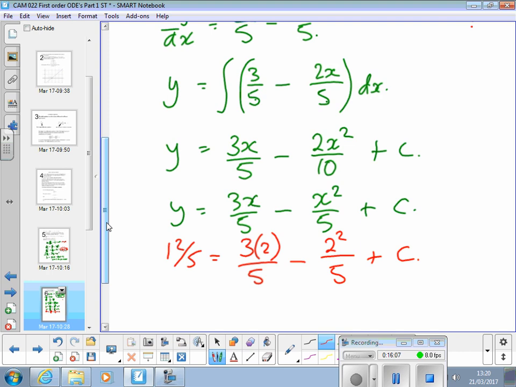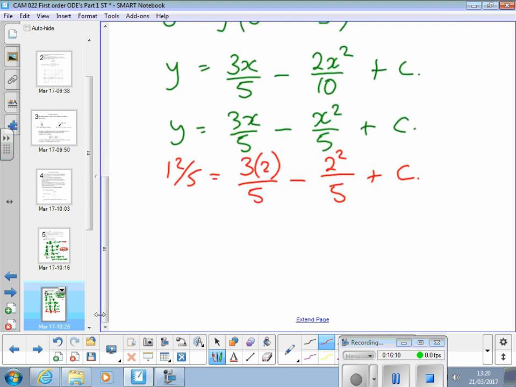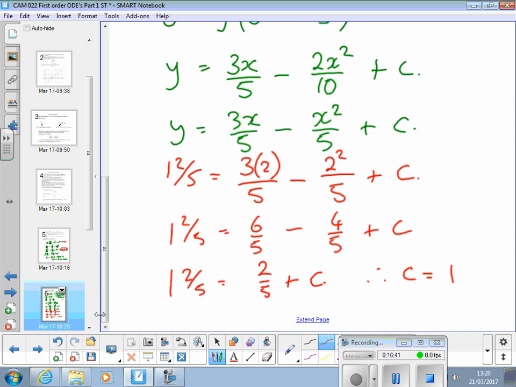Probably easiest to resolve these before we shift them around. So 1 and 2/5 is equal to 3 times 6/5 minus 4/5 plus c. 1 and 2/5 is equal to 2/5 plus c, therefore c equals 1.